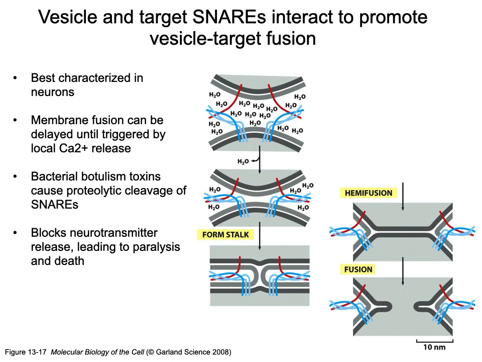That stalk gets elongated, so we end up with this hemifusion between the internal parts of the bilayer, and eventually that hemifusion fuses together, and you have basically a breaking or fusion of the two membranes, so that now there's a connection between the vesicle and the target membrane.